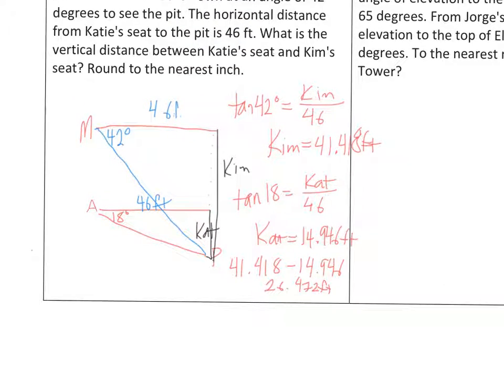If you wanted to round this to the nearest inch, you'd say this is 26 feet, and 0.472 times 12, because there are 12 inches in a foot, would be plus 5.664 inches, or 26 feet 6 inches.